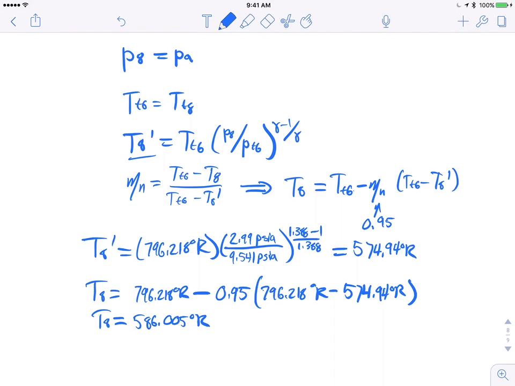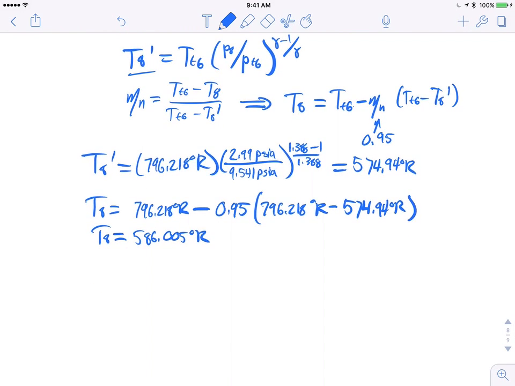We can carry on from there to calculate our exit velocity of the nozzle, U8, which is going to be equal to 2 times the appropriate specific heat times TT6 minus T8, and we can throw the whole thing under a square root.